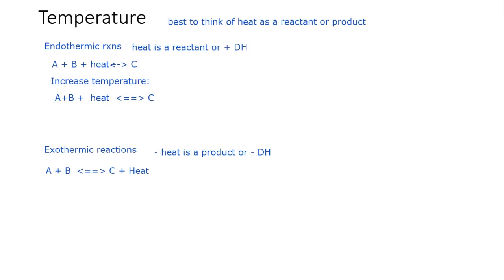That means that we're adding heat. So if we're adding heat to an endothermic reaction, that means we're adding a reactant. And if you remember from earlier, if we're adding a reactant, it's going to shift to the products. So for an endothermic reaction, when you increase the temperature, it's going to shift to products.